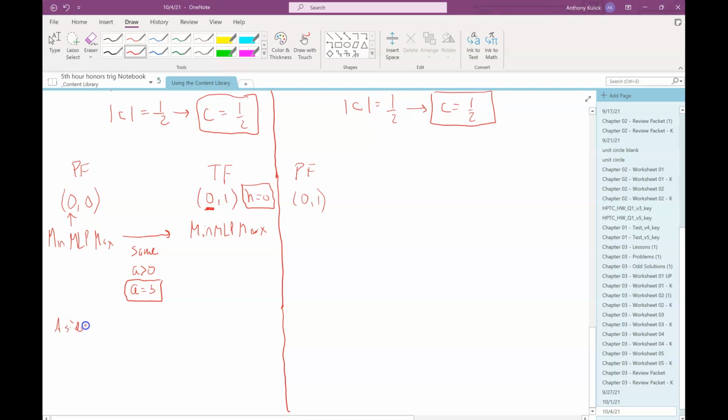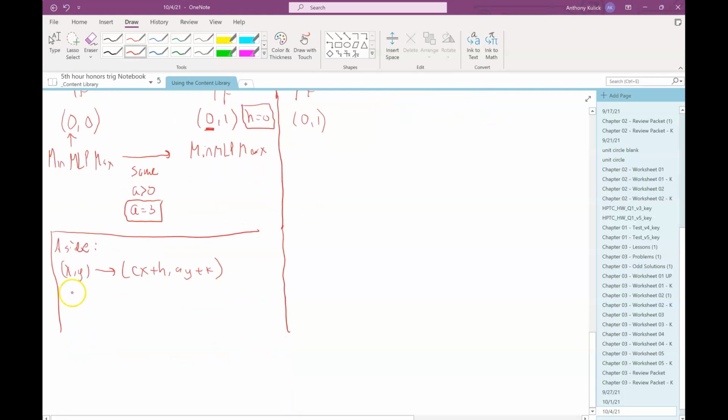To show why that has to be the case, I know that to transform a point from the parent function to my transformed function, I use this map, right? What that says is c times the x from the parent function plus h should give me the x from the transformed function.